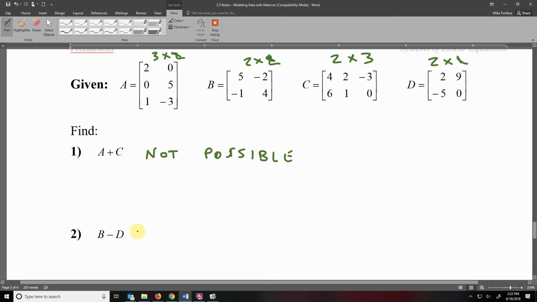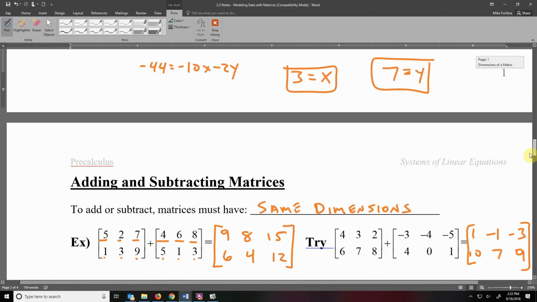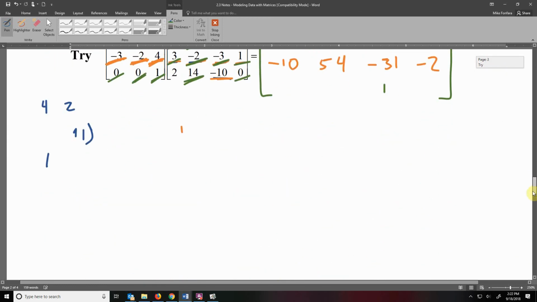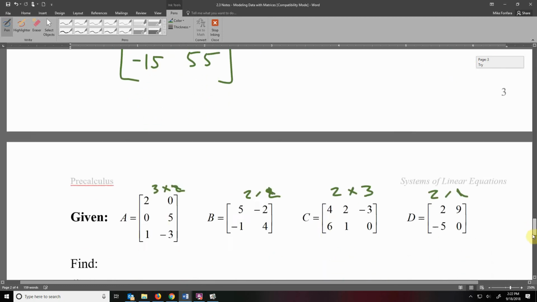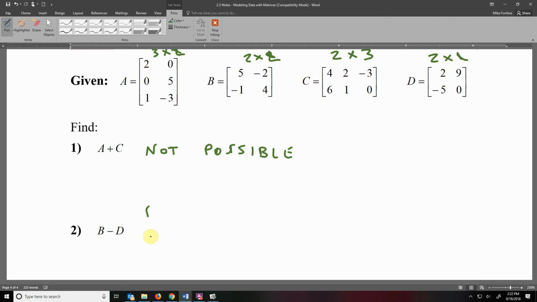So B minus D, we've got 5, -2, -1, 4, minus 2, 9, -5, 0.